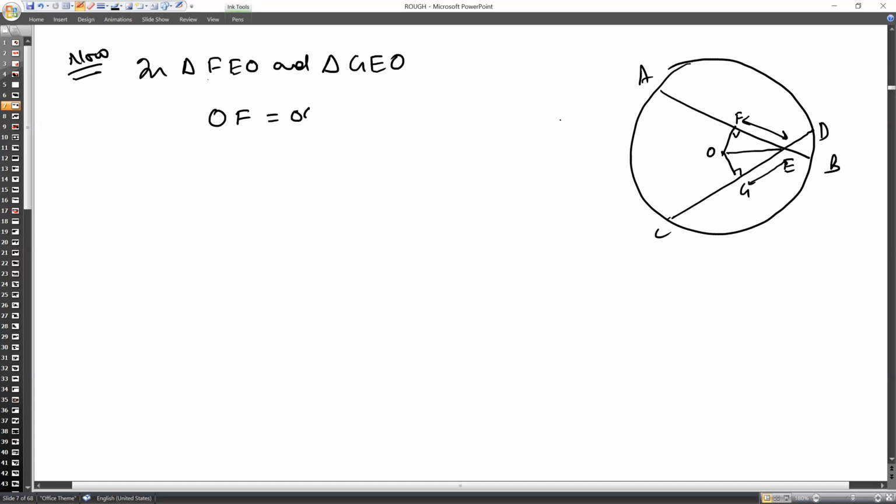Why OF is equal to OG? The reason is that these two chords are equal, and when two chords are equal, the perpendiculars drawn from the center on these chords are equal. This is the theorem. Reason: perpendiculars drawn on equal chords are equal.